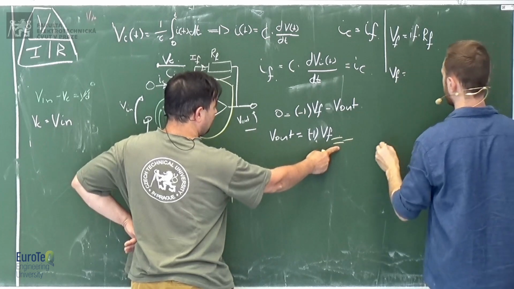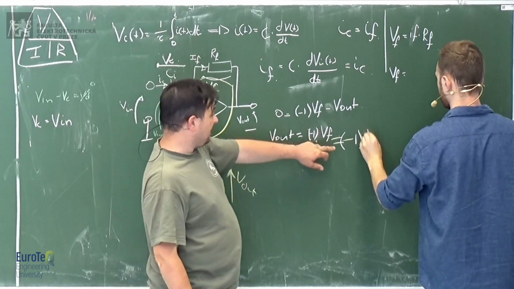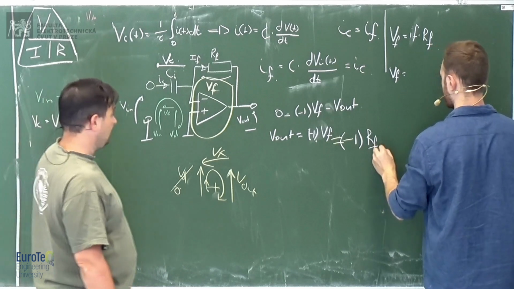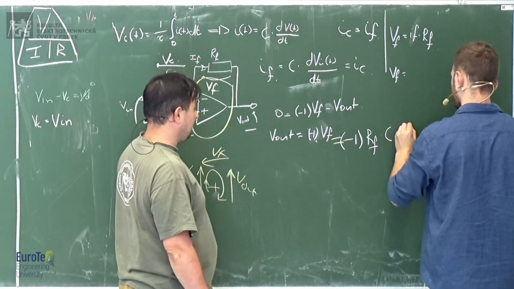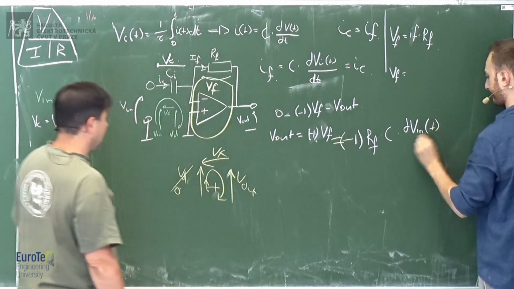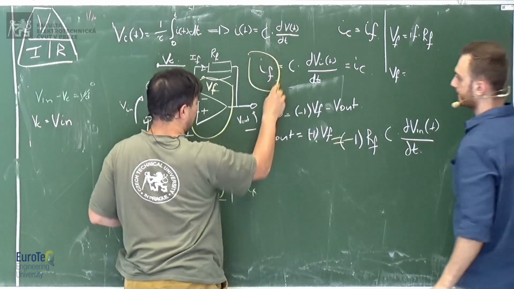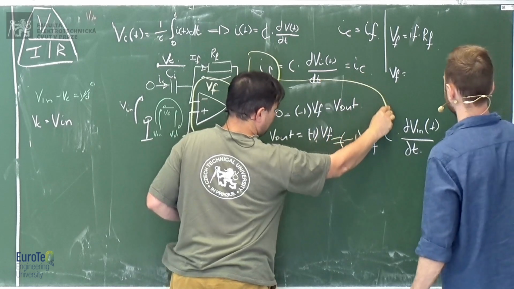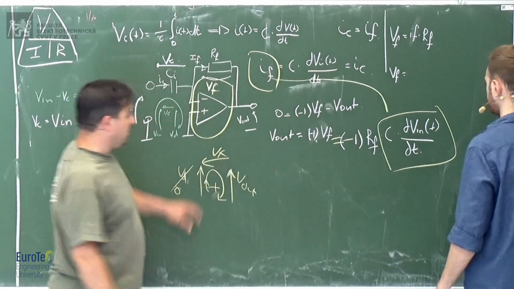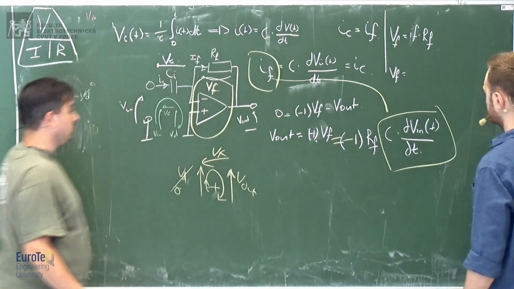Maybe continue here. Minus 1. VF is RF times IF. So IF is C times the derivative of V. So you plug in, instead of IF, C times the derivative of the input voltage.